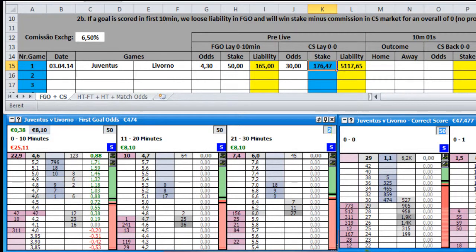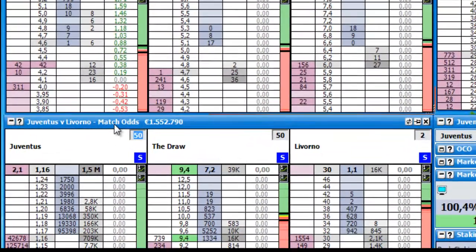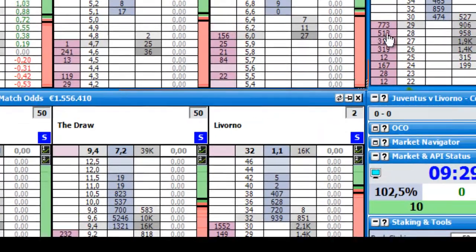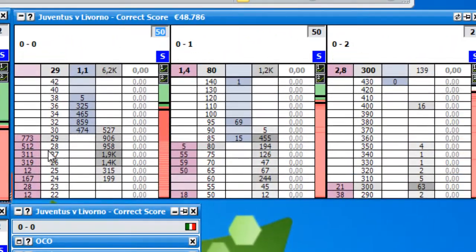But what I also want to show you now here in this game is, you see here the match odds. Here Juventus is the favorite of the game, and it's now like the odd of 1.16. So this fact, this situation says that here the odds will stay a long time at the odd of 29 or 28.